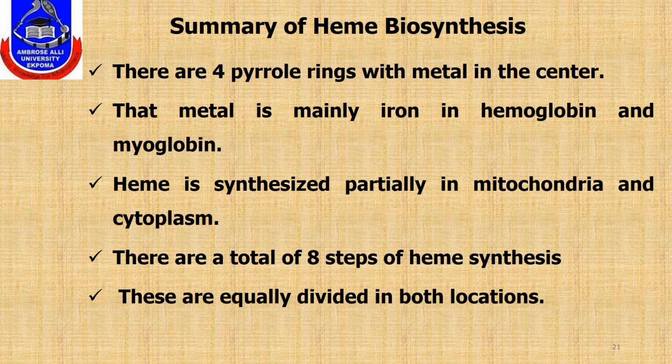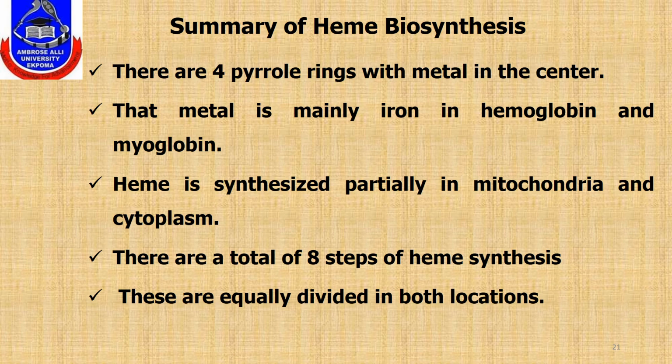Now let's look at the summary of heme biosynthesis. There are 4 pyrrole rings with a metal in the center of heme. That metal is mainly ferrous ion in hemoglobin and myoglobin.